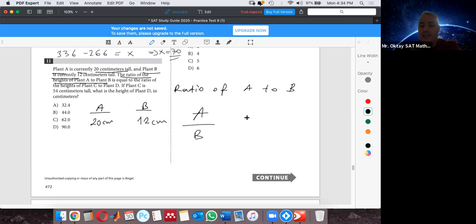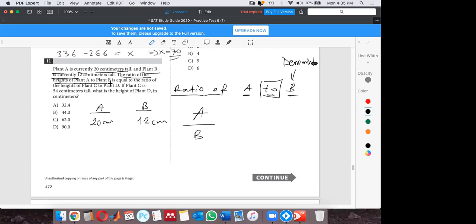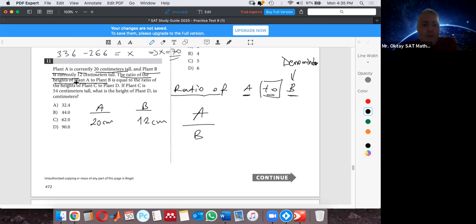I can write like this. Is it clear? Ratio of A to B. After "to", what you have is in the denominator, always. Now, the ratio of the height of plant A to plant B is equal to the ratio of the height of plant C to D. So this is equal to C over D.